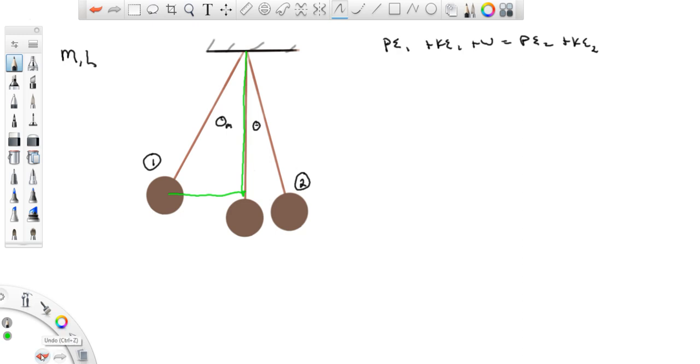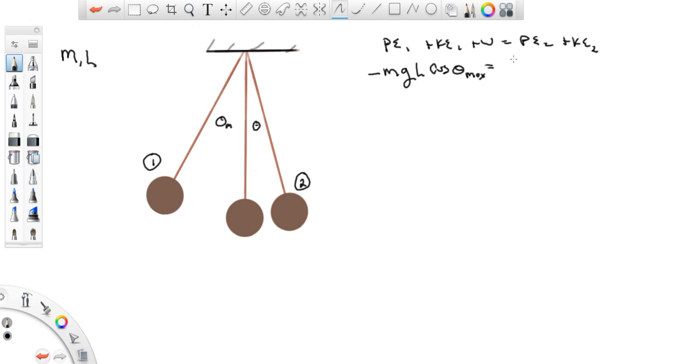So the potential energy term is minus mgL cosine of theta max. Okay. No kinetic energy term at 1 because it's not moving. As usual, there's no work term here because there's no external forces adding energy to or taking energy away from the system. So the entire left-hand side of that equation is written out.